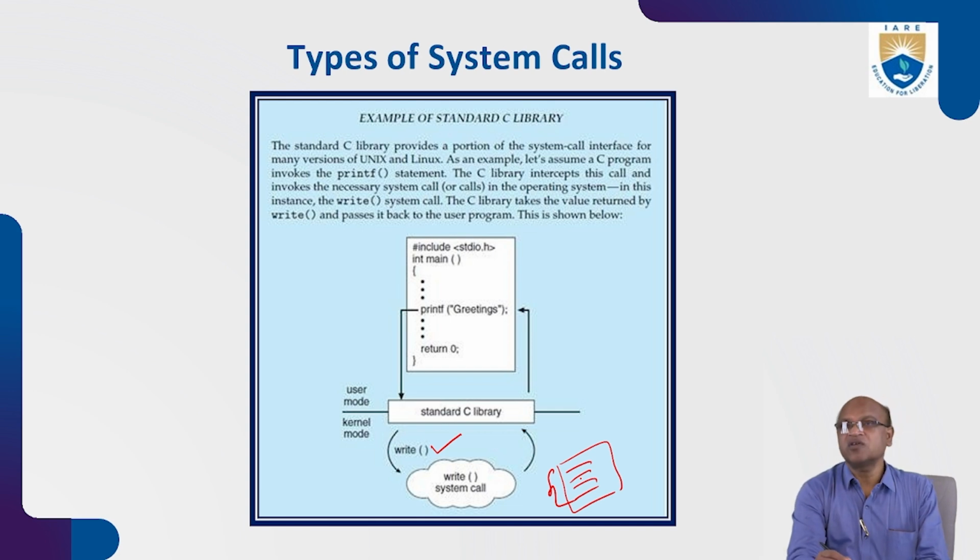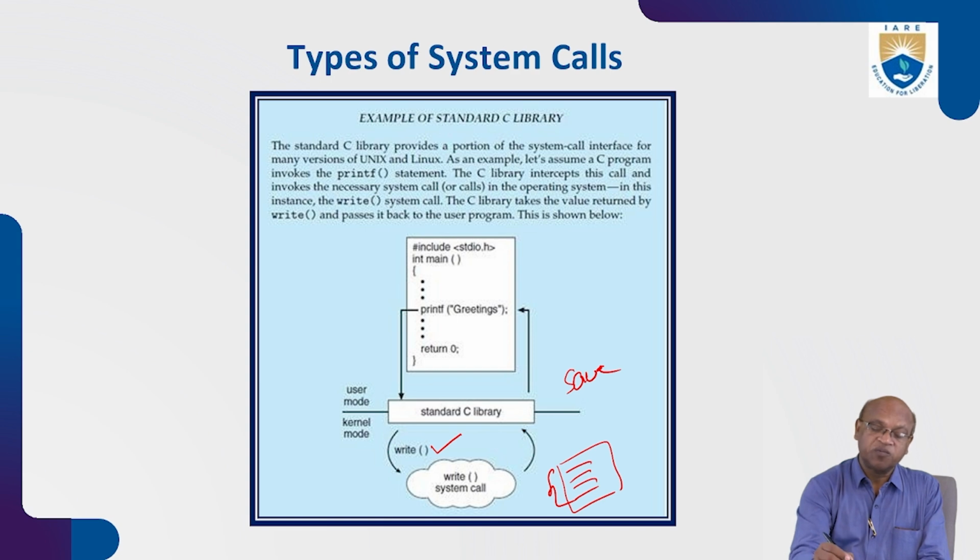So what will the user do? The user will write the program, and after writing the program, he will press save. When he presses save, user mode is automatically taken over by the OS and the kernel mode comes. In kernel mode, there are some predefined programs, the system calls, including the write system call.